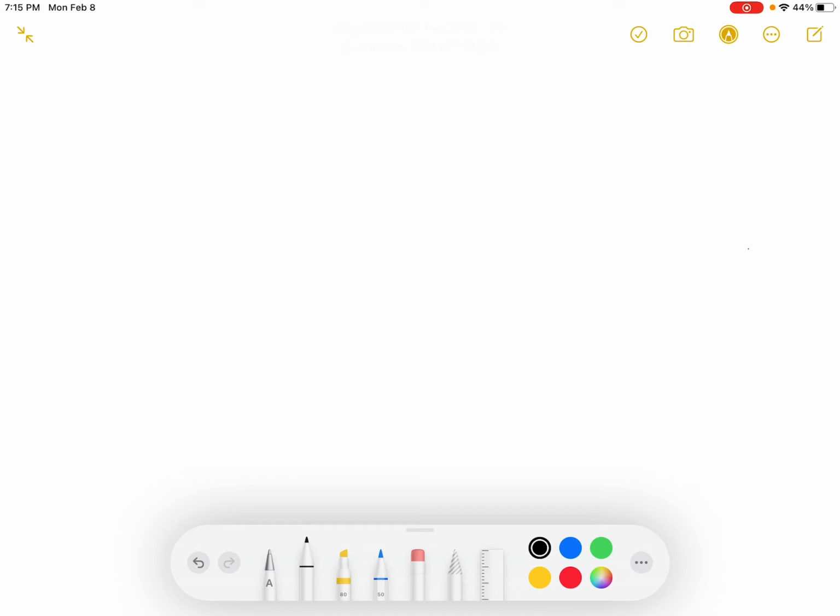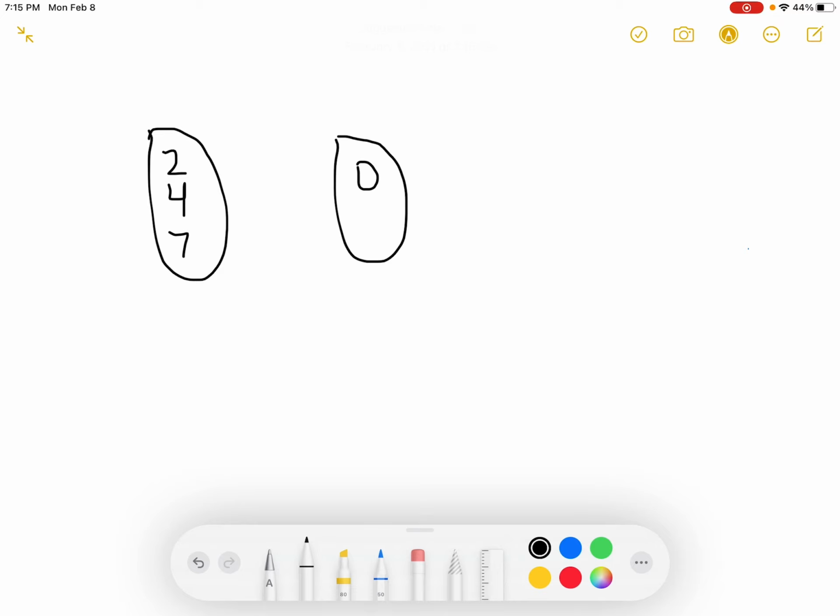So let's first look at mapping. So that's where we have the ovals. Let's say that our x values are 2, 4, and 7, and our y values are 0 and 1. Let's say this is what happens.